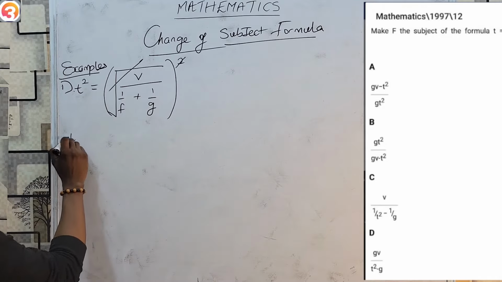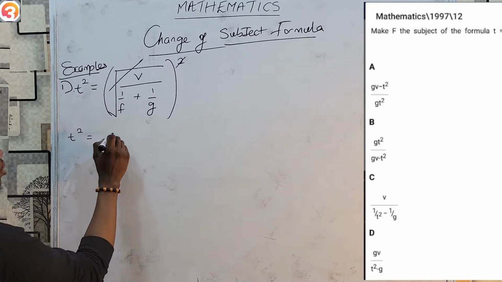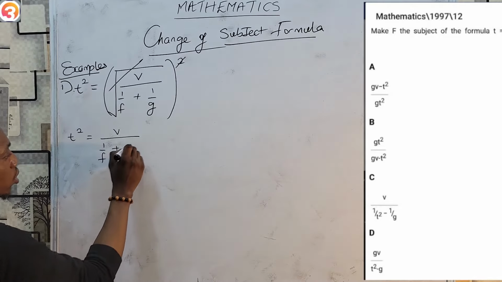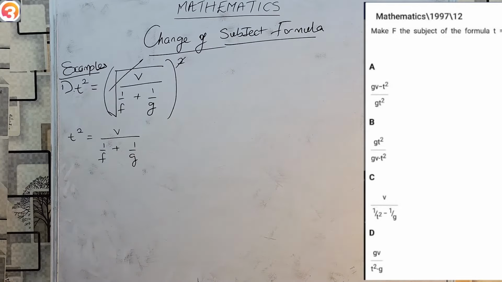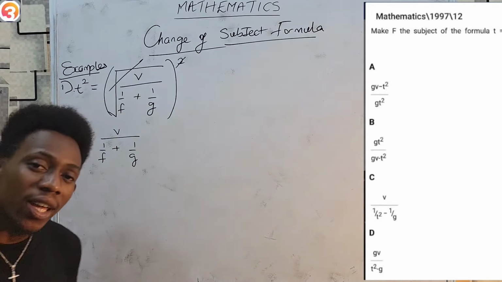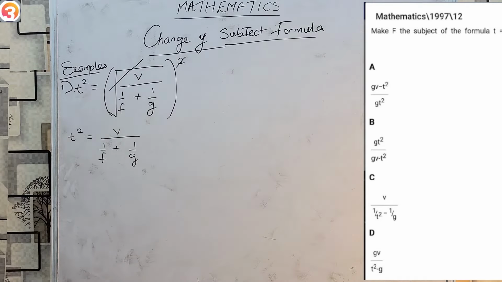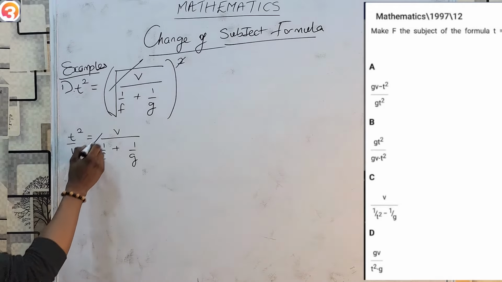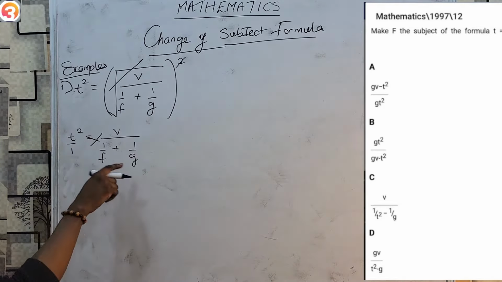So I'll be having T squared equals V all over 1 over F plus 1 over G. Now, next up, I really need to have F equals something. That means I must take this F to the left. How do I do that? Cross multiply. T squared will multiply everything here.